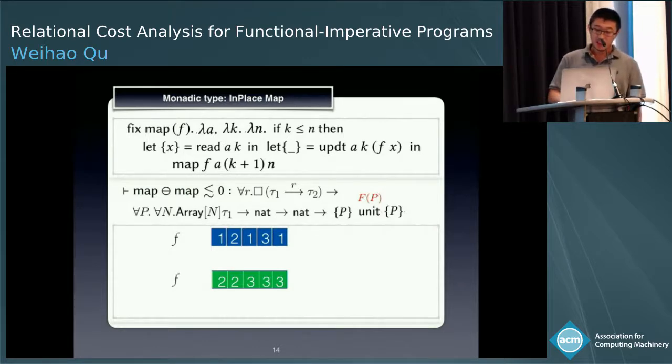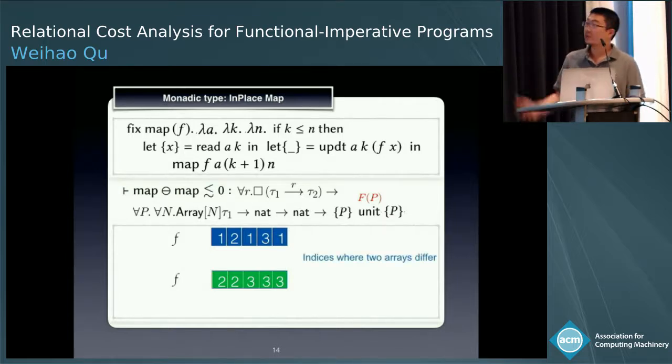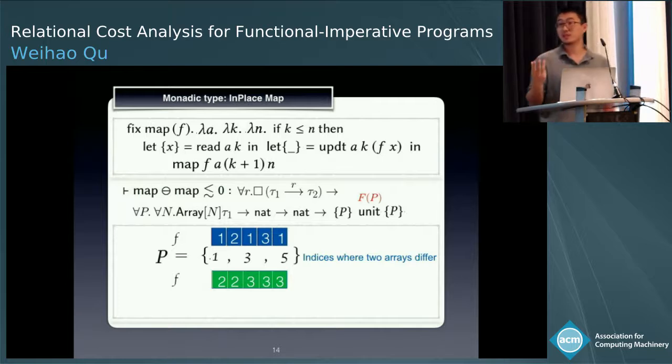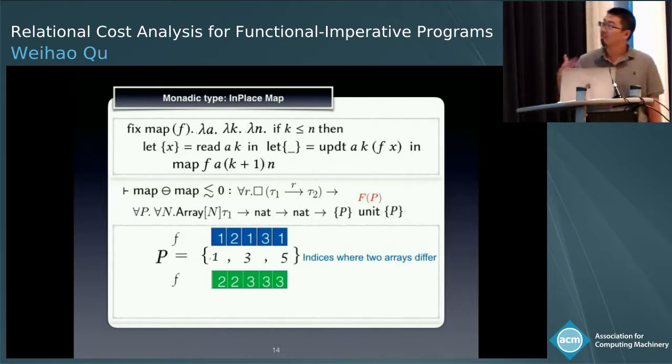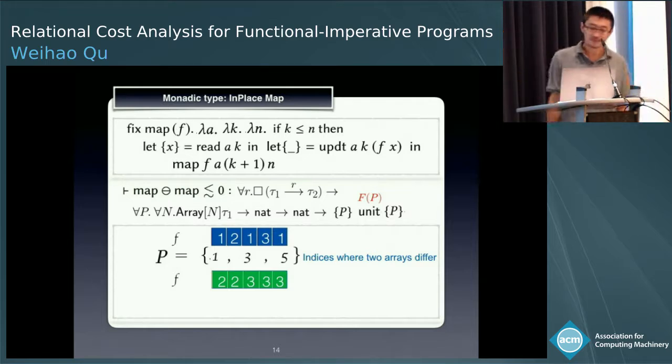Then at indices where the two arrays are the same, which are the false indices, we are applying the same function to the same array element, and it will not incur any relative cost. So in this case, the relative cost will only be generated at indices where the two arrays differ. And this is what we can rely on from this precondition.